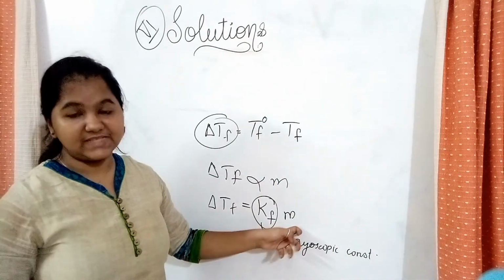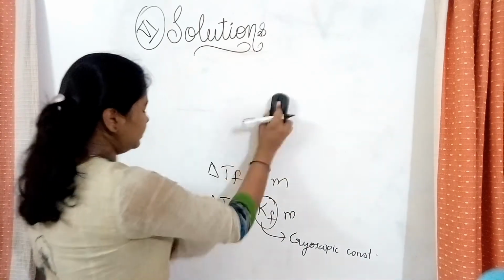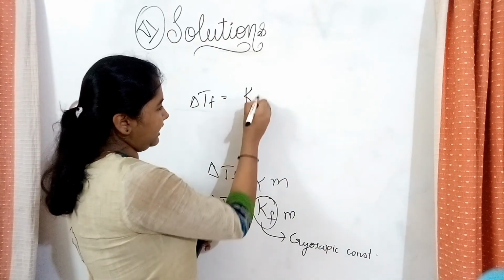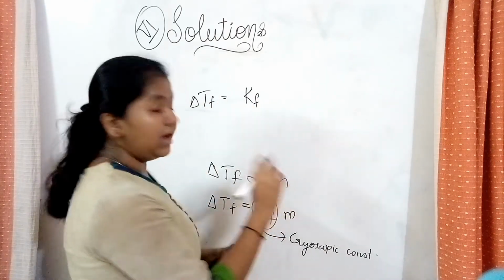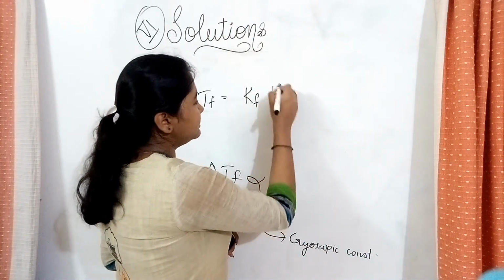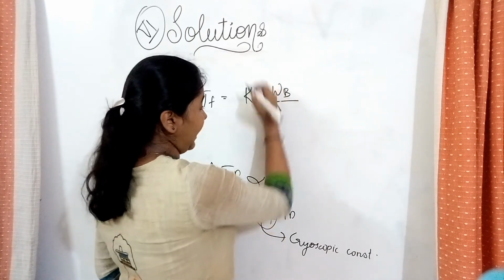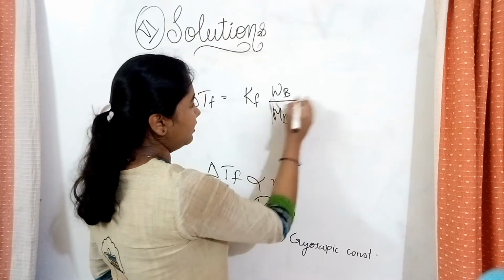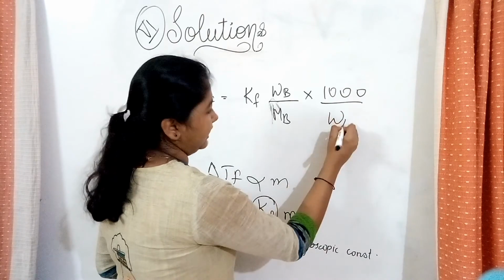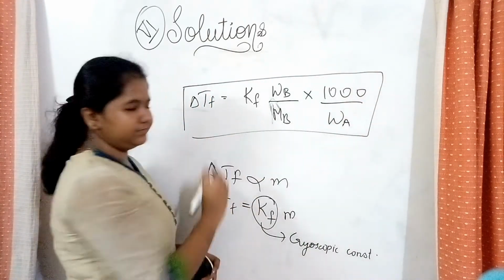Now we know what molarity is, so let's figure out the equation. Delta T_F is equal to K_F into molarity. How do you write the molarity? That is W_B divided by M_B into 1000 divided by W_A. So this is our equation.